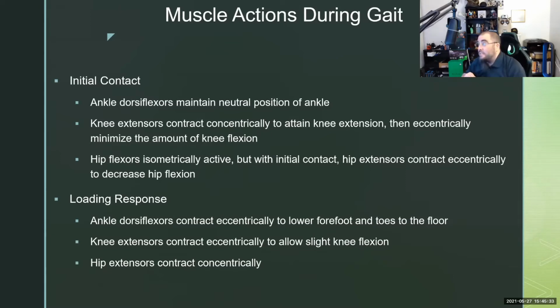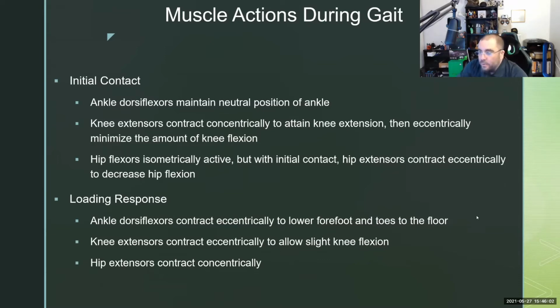And then they're going to stop doing extension and lock into an eccentric hold so that I don't hyperextend. I know this looks like a lot. We're just talking through it right now. Don't freak out. I'm not going to drill you on this yet. The hip flexors are isometrically active, meaning they're holding everything stable. But then they're going to start contracting eccentrically to decrease hip flexion.